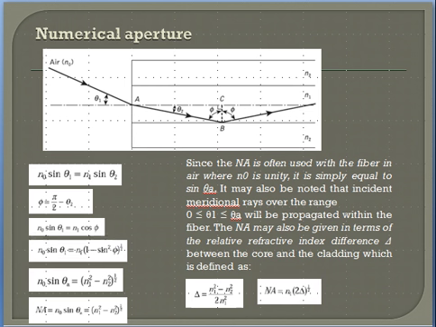This leads to the more generally used term, the numerical aperture of the fiber. It must be noted that within this analysis, as with the preceding slides on the acceptance angle, we are concerned with the meridional rays within the fiber.